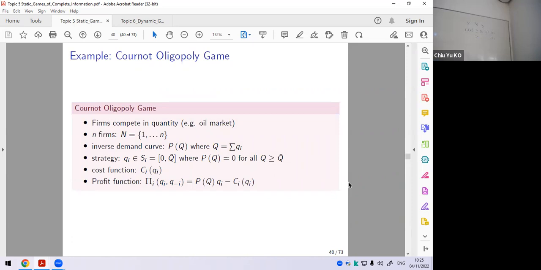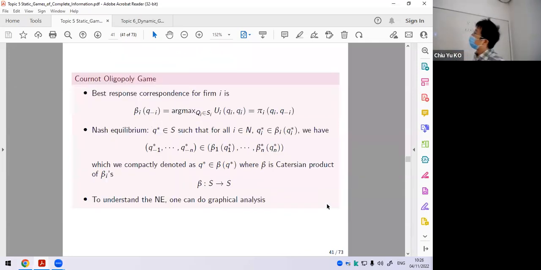We define n firms, and we have an inverse demand curve, and the strategy is just like this. Cost function, payoff function. So I define three things here: payoff set, player set, strategy set. This is done.